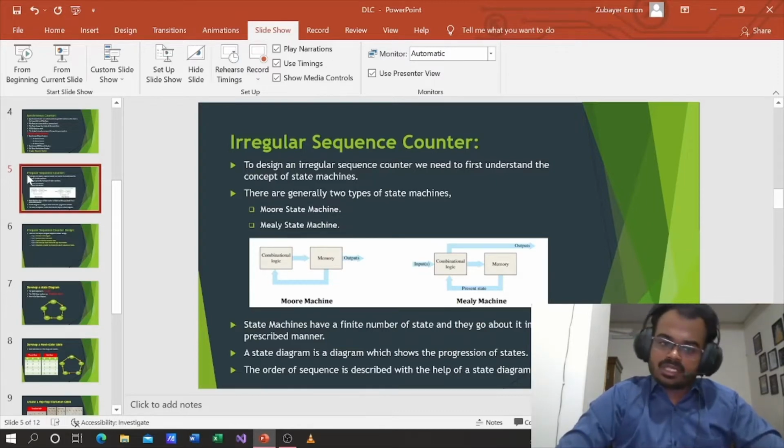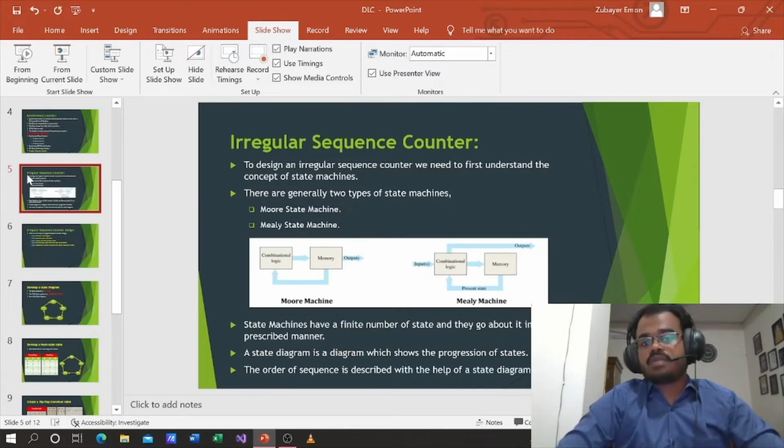Like a combinational logic and a memory, the combinational logic goes into memory and memory goes into the combinational logic. It depends on the state, and then the output is produced. The Mealy machine is defined as a sequential network whose output is a function of both the present state and the input of the network.